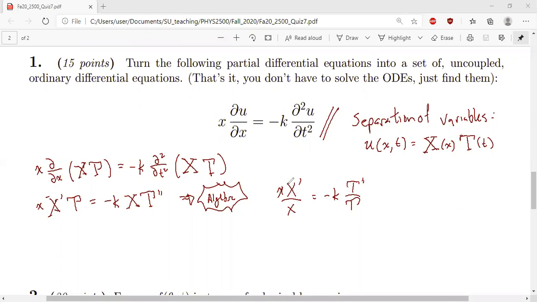I reveal my value of x, and you reveal your value of t. No matter what they are, these two sides are equal. And so the only way that could happen is that each one independently is equal to a constant. So it's some constant, maybe that's a parameter of the problem or one of the components of the solution, but each of these has to be equal to a constant.